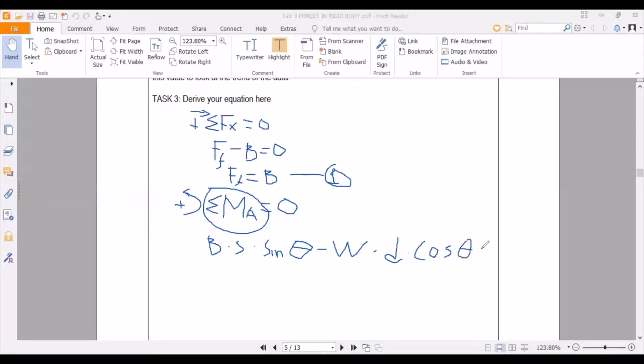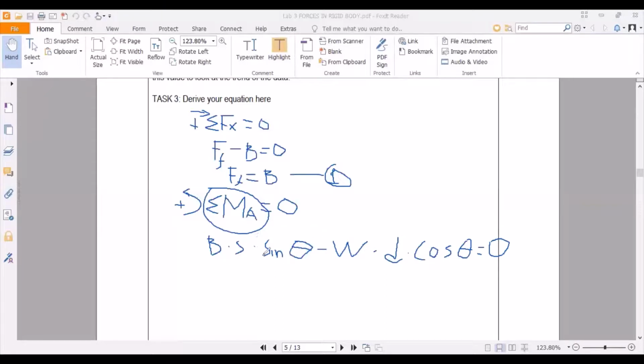Because in equilibrium it should be 0. Now we try to understand B times the length, the total length, because B is at the end of the truss, the distance from point A, the total length of the truss.